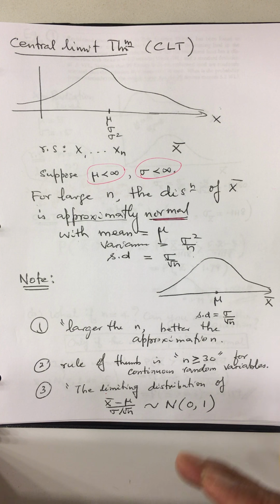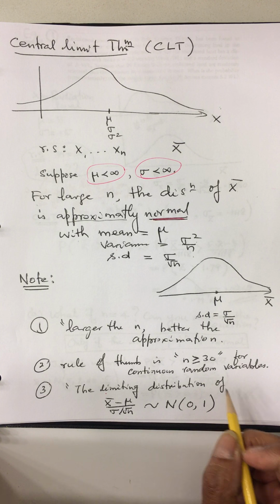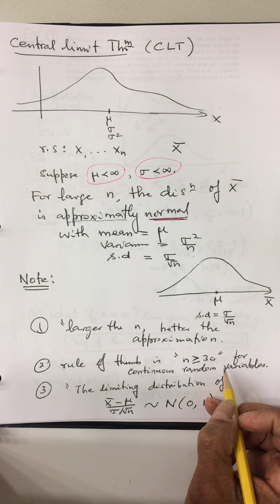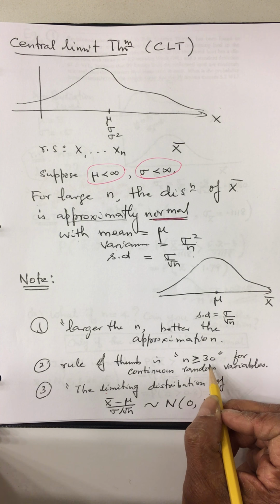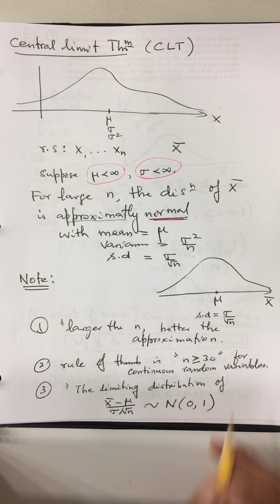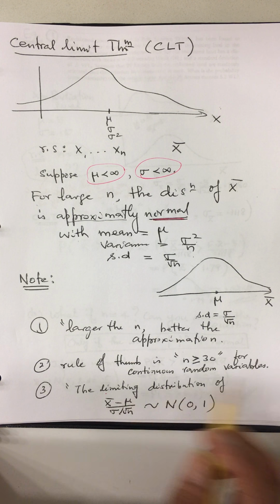The larger the better the approximation, but you will see later that people look into that 30 as an okay value. Sometimes it may not be okay, but in most cases if it is continuous, that is okay. So that's the rule of thumb.